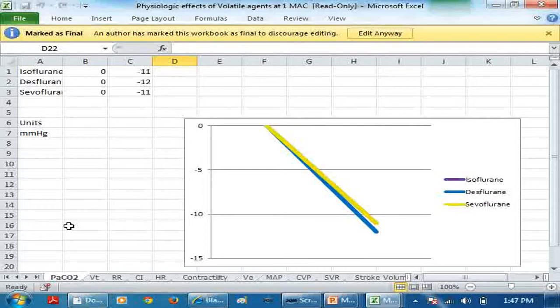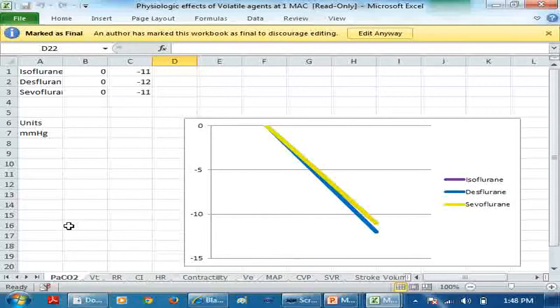If I have 1 MAC of isoflurane, 1 MAC of desflurane, or 1 MAC of sevoflurane, and I am spontaneously ventilating, what will be my effect on my PaCO2?